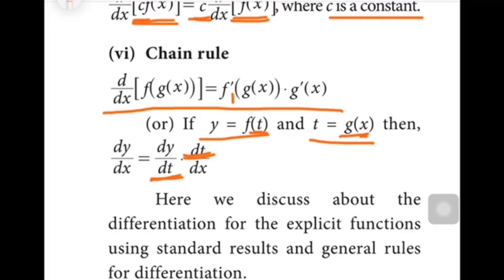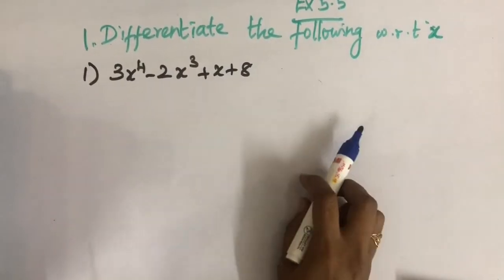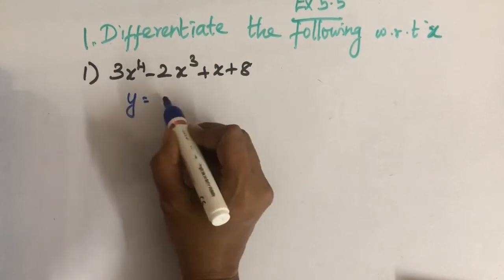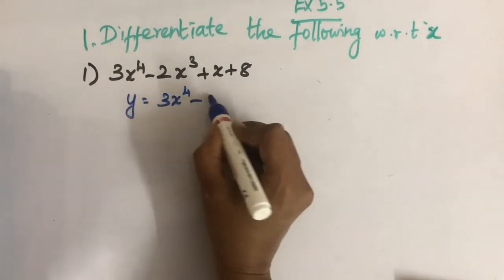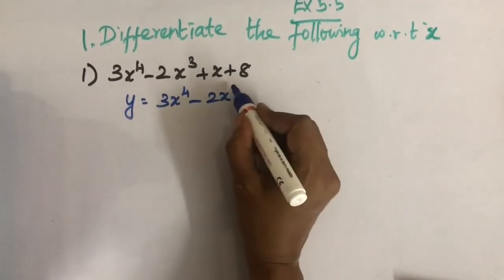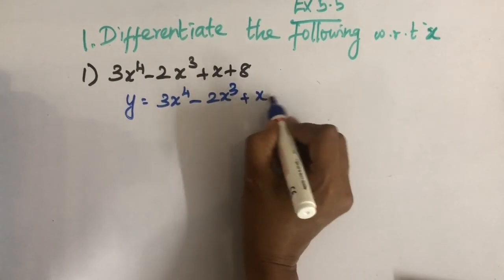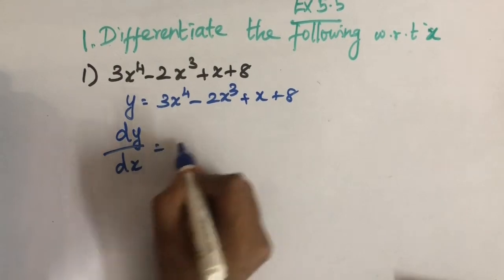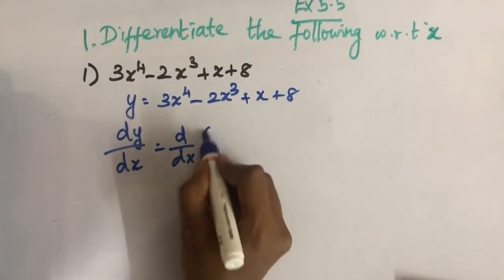These are the important general rules. Differentiate the following with respect to x. It is a given function. I take the given function as y: 3x power 4 minus 2x cube plus x plus 8. We have to differentiate, that is dy by dx, that is d by dx of y.